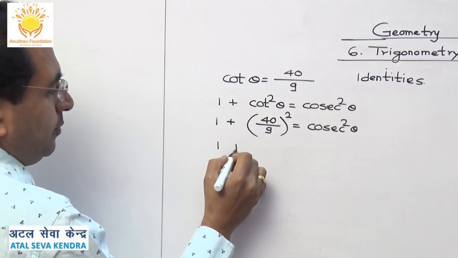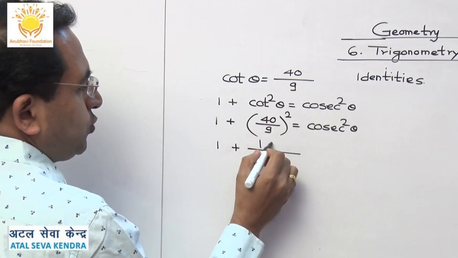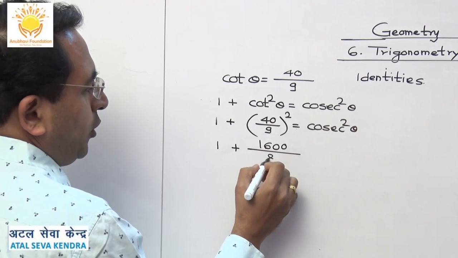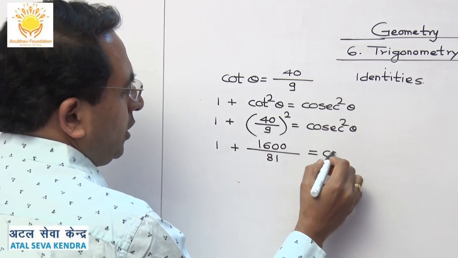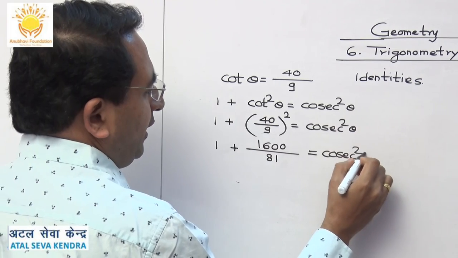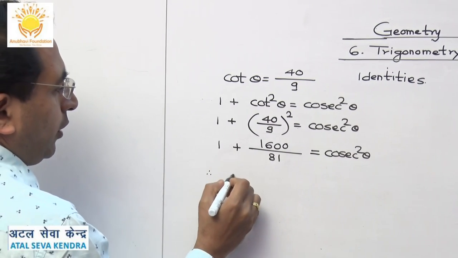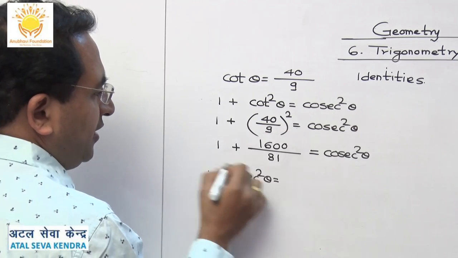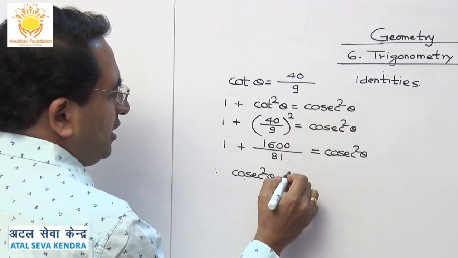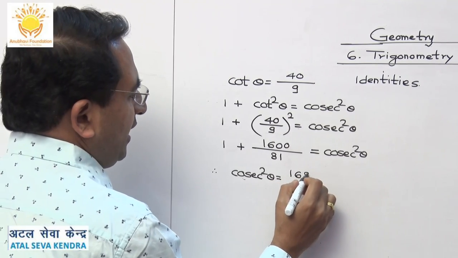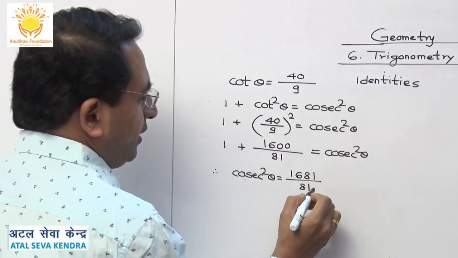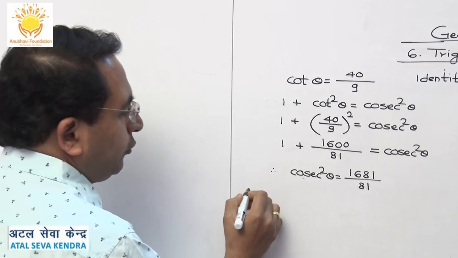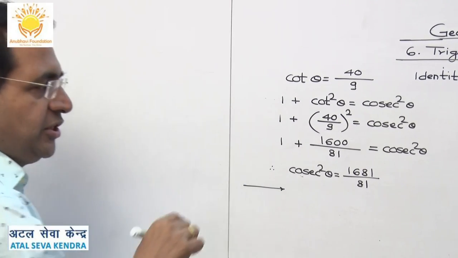Then this is 1 plus 1600 upon 81, that is equal to cosec square theta. Therefore, cosec square theta, the answer of this addition, is 1681 upon 81. Now we have to write one line which I have discussed in the original sum.